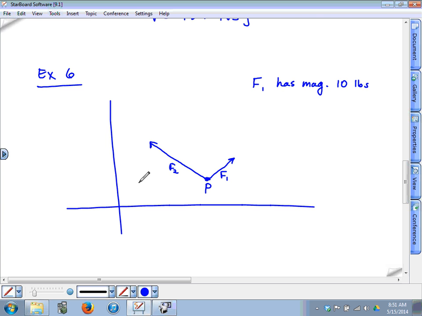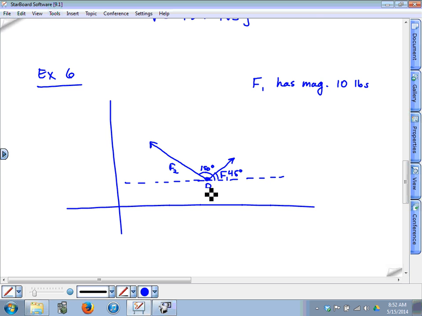The direction, I want you to do this. Draw a dotted horizontal line right through point P. Put an angle from that dotted line to force 1. Let's call that 45 degrees. Do the same thing from the dotted line all the way to force 2.